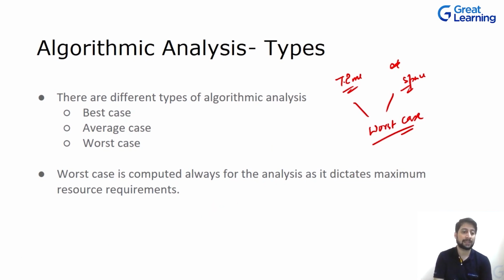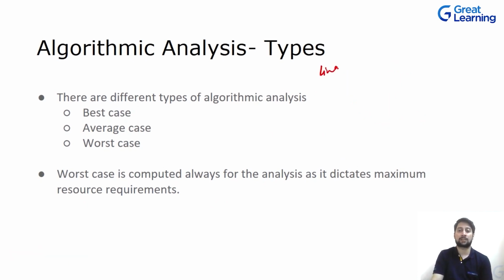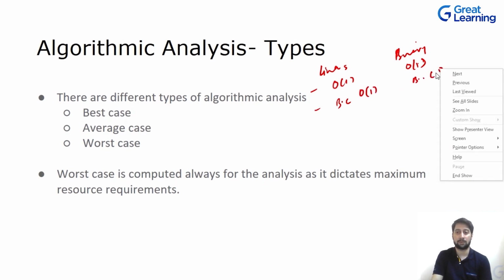Now let me give you an example of linear and binary search. The space complexity of both these algorithms is constant in the worst case. And if you talk about the best cases of linear and binary search, it is again constant, and it is again the same.